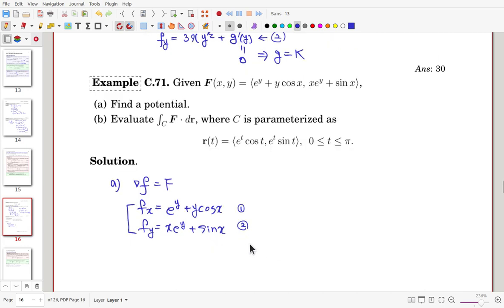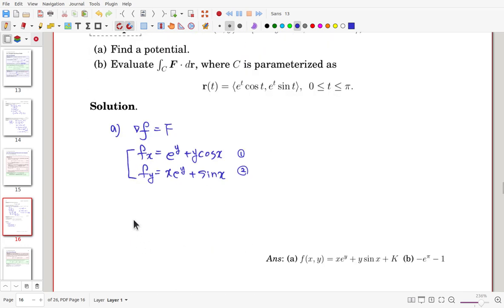First, from the first equation, we take the x integration. Then F is, okay, e to the y is a constant, so x e to the y, and the x integration of y cosine x means y sine x, right? And plus g of y, so that the x derivative will make it 0.